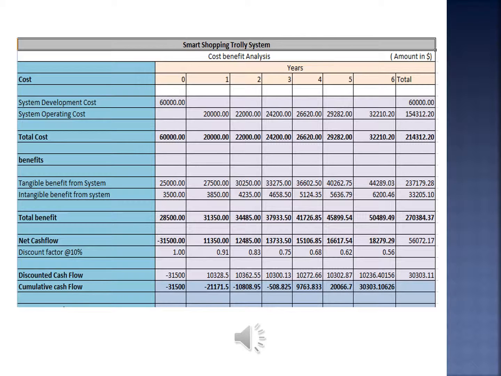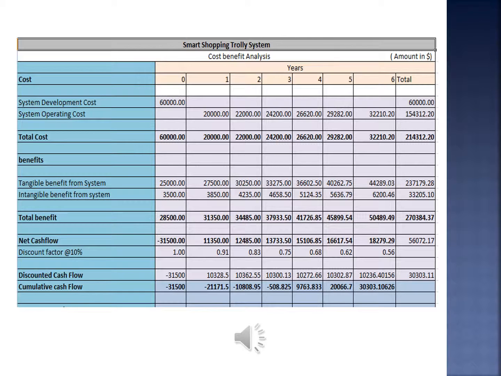Here is the table about cost benefit analysis. How can we analyze the cost benefit? Firstly, we have costs over years 1, 2, 3, 4, 5 and 6, and then the total amount. The system development cost is 60,000, then the system operating cost is 20,000 in the first year, then it increases and goes on to the sixth year. Then we add these two to get the total cost. Then benefits are of two types, tangible benefits and intangible benefits.